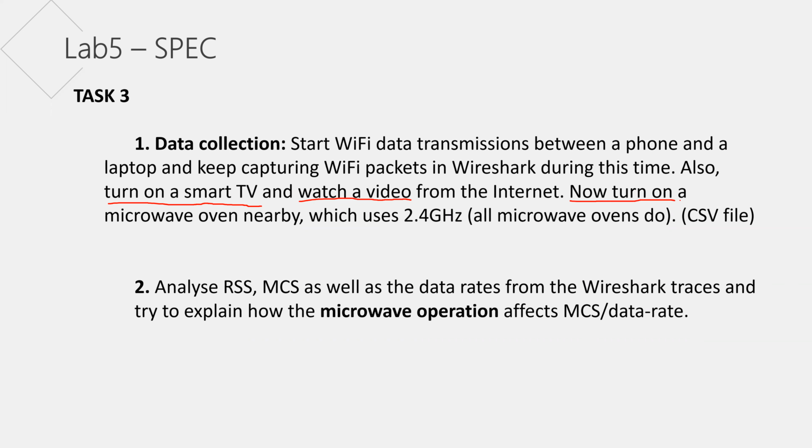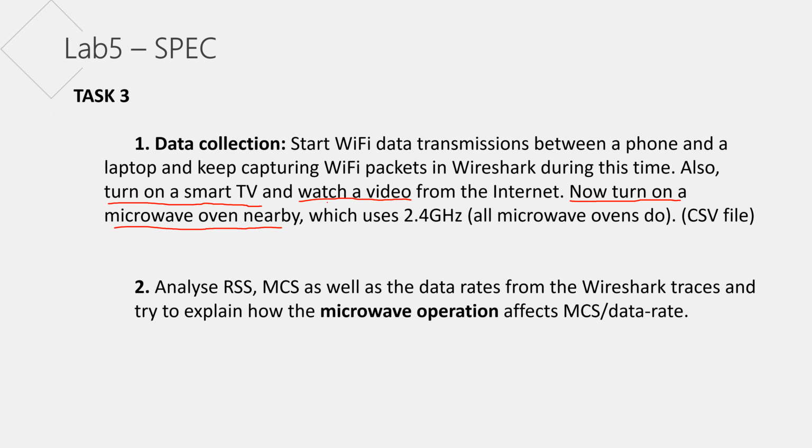And then you can turn on a microwave oven nearby. If you don't have a microwave oven, I suggest you maybe go to a friend's house, or if you cannot find a microwave oven, maybe you need to describe it in your report.